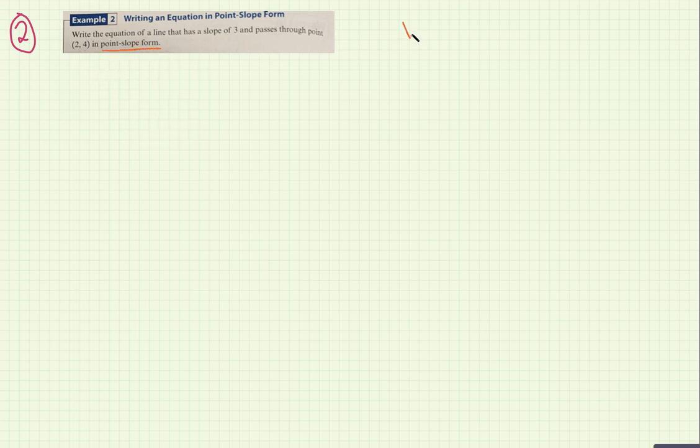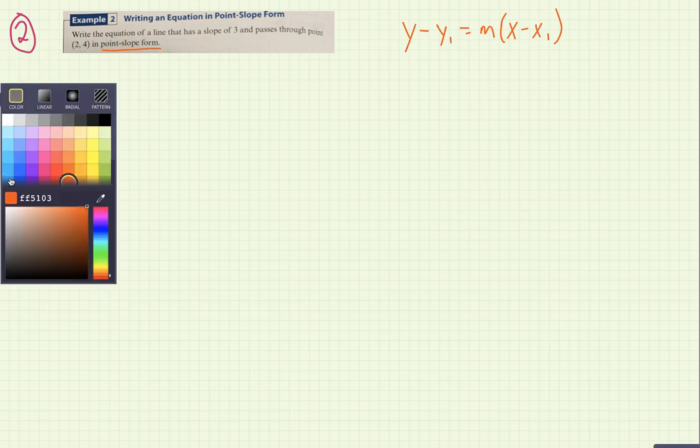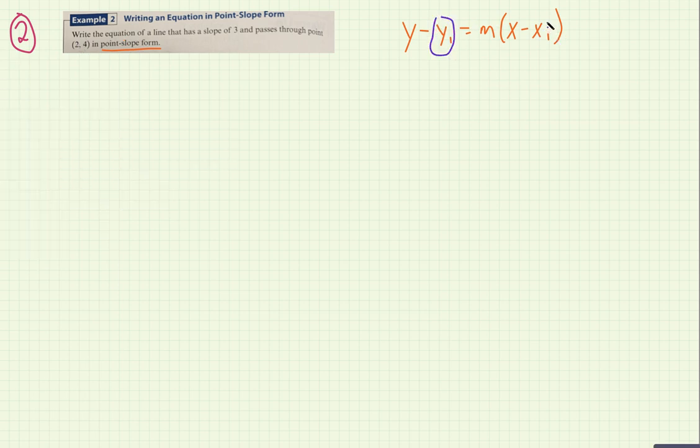So let's remember our equation: y minus y1 equals m times x minus x1. Now all we have to do is identify these pieces of information: x1, y1, and m.